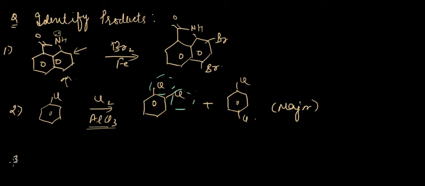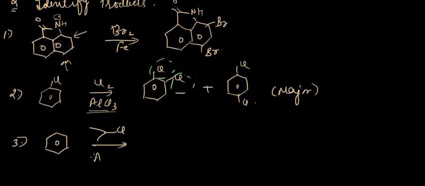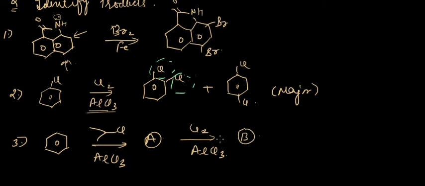Okay, let's look at the third example, wherein we have a benzene ring getting attacked with this in presence of AlCl3 to get product A, and product A again reacts with Cl2 in presence of AlCl3 to form product B. You have to identify product A and B. Obviously product A would be a simple Friedel-Crafts alkylation product.